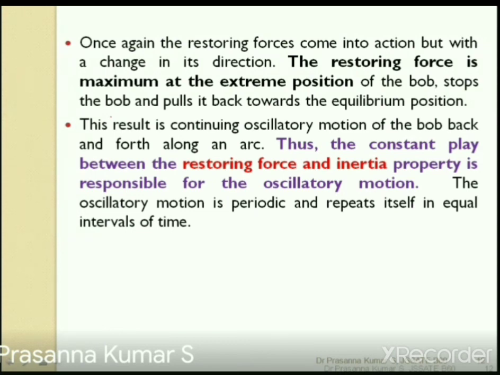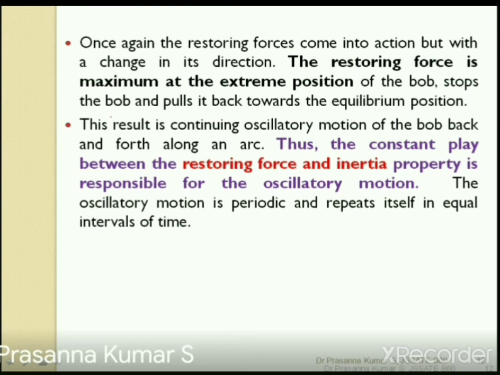There is a constant conversion of restoring force from 0 to maximum and so on. And the property of inertia is responsible for the particle shooting from its mean position towards the other side. So it keeps continuing the oscillatory motion over time.